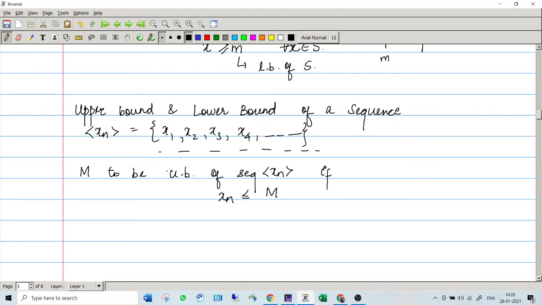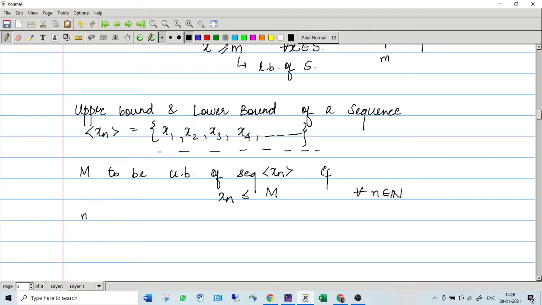Because we want M to be an upper bound of the sequence, we want that these xn's, for every single n, x1, x2, x3, x4, this value xn should be less than or equal to M. So this should be true for every n in N. So this M is called the upper bound of the sequence xn.